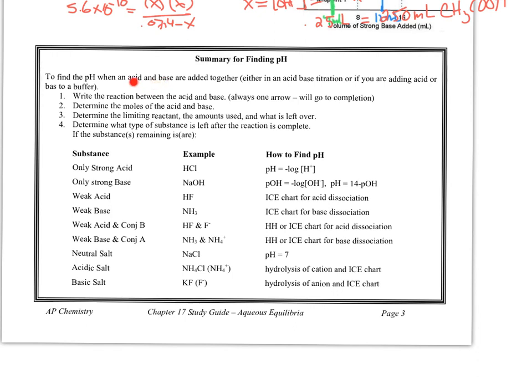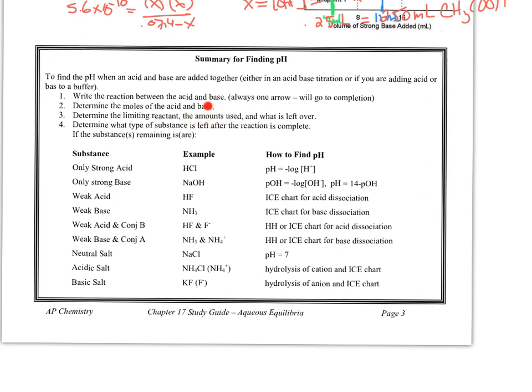First of all, you look at your acid and your base that are reacting together. You write the reaction between the acid and base. And it's always one arrow because acid-base reactions have very high Kas. They go to completion. Next, you determine the moles of the acid and the base that you're given initially. You determine which one's the limiting reactant.